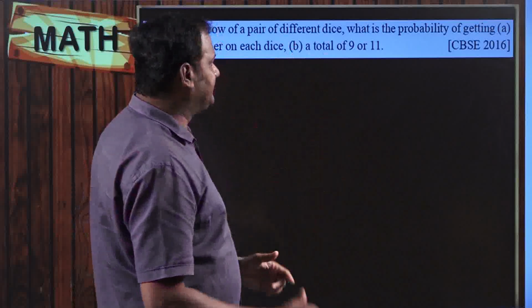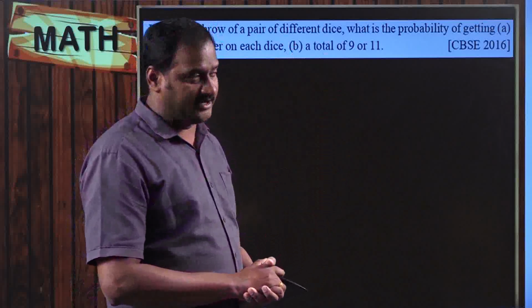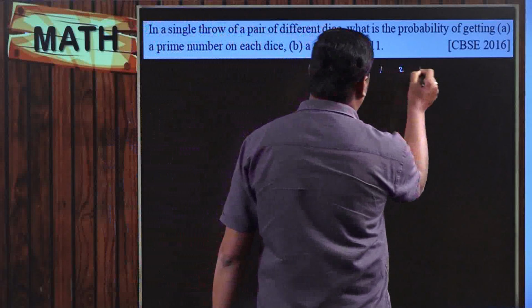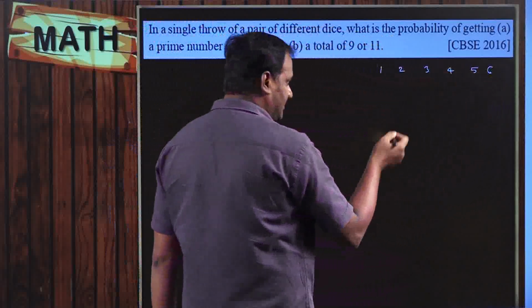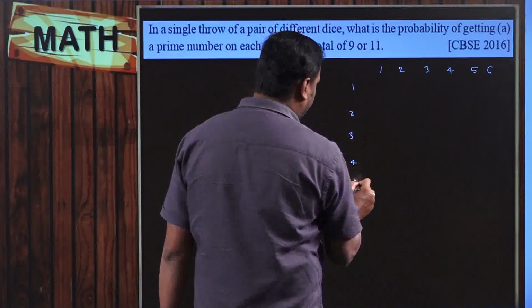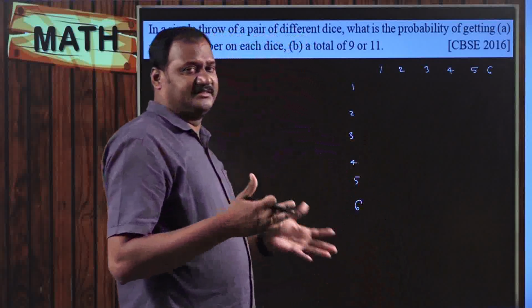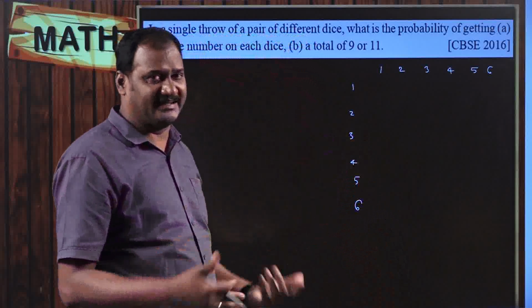Okay. So for this you need to definitely now make a table with all the outcomes. So the outcomes here: 1, 2, 3, 4, 5, 6 are the numbers on the dice. Here 1, 2, 3, 4, 5, 6. So better you make this list and keep it ready so that you can directly answer that.